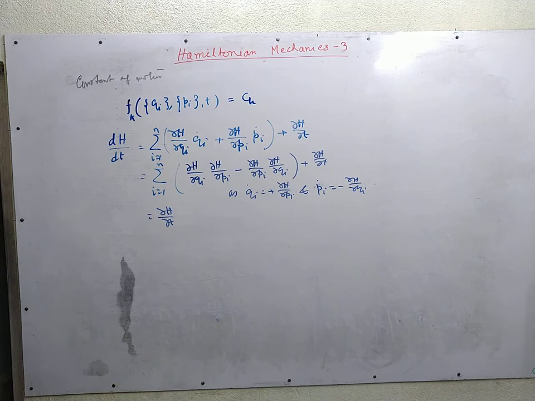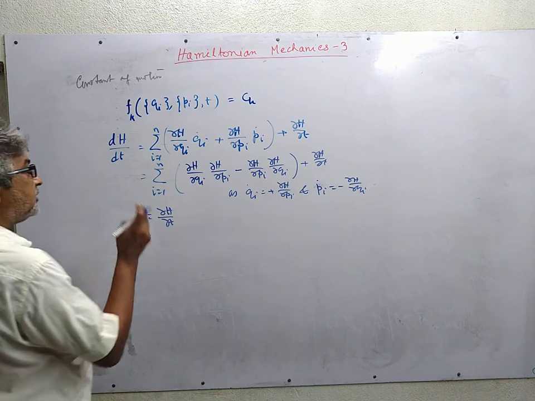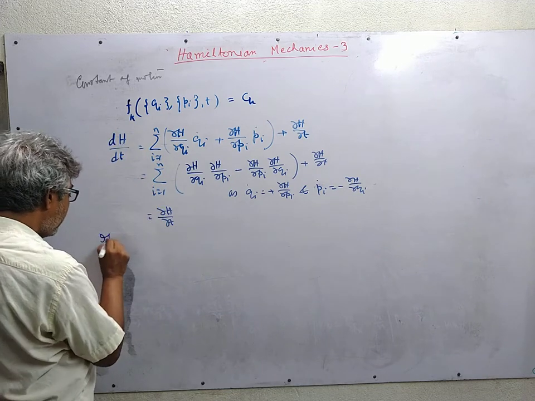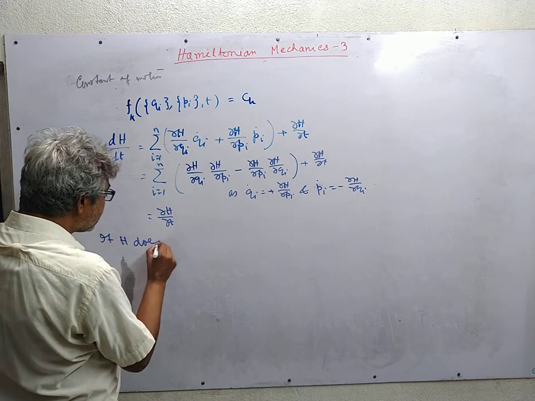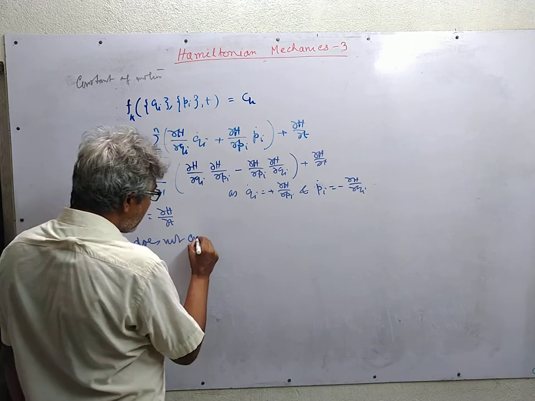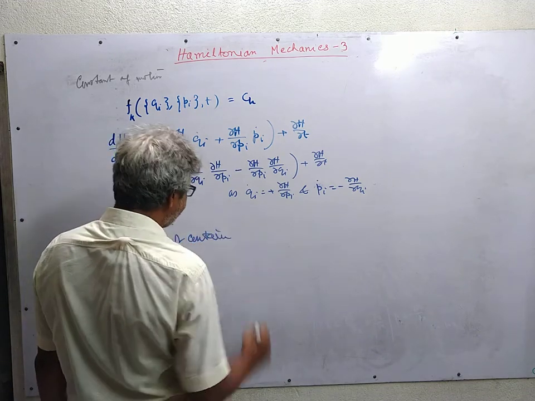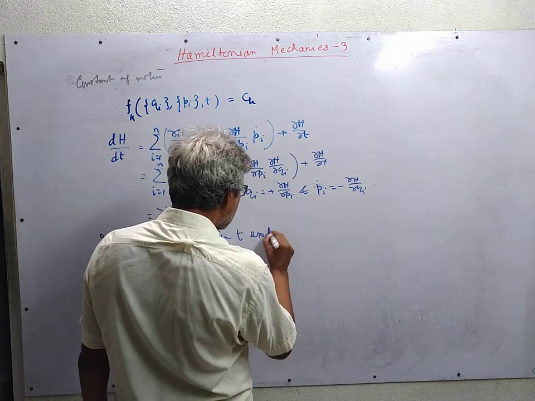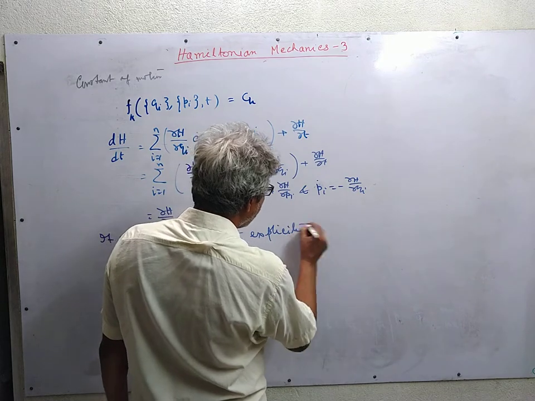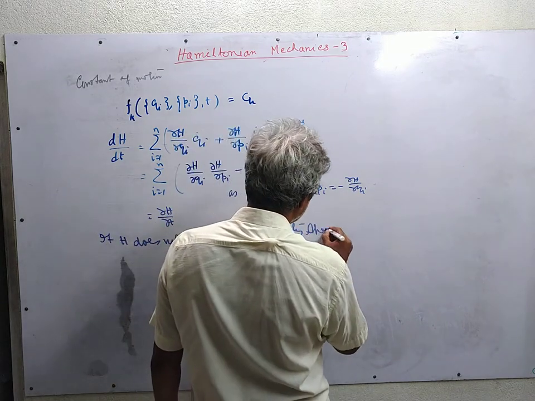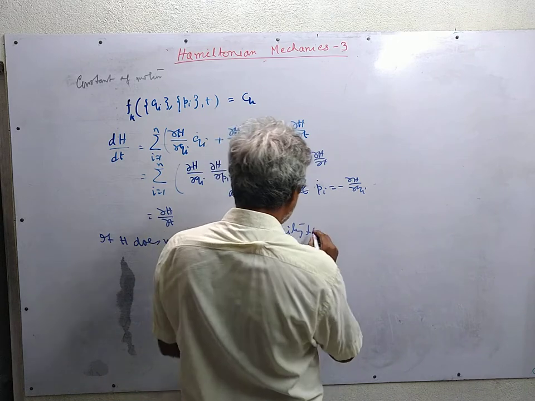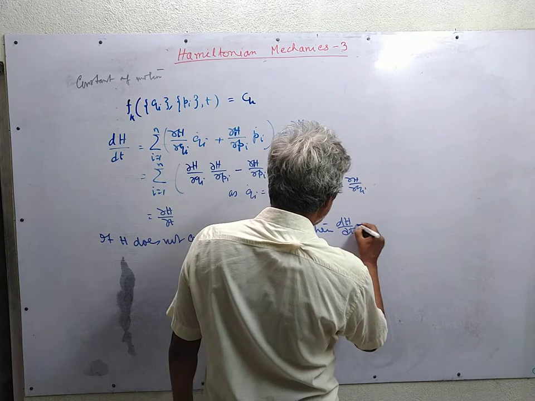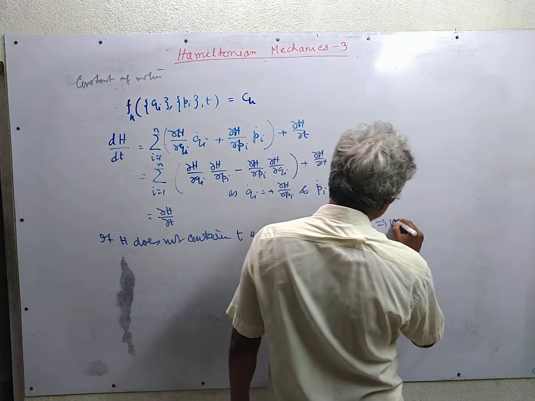Now, if the Hamiltonian does not contain time explicitly, then dH/dt is 0. So if H does not contain time explicitly, then dH/dt is equal to 0, that is, H is a constant of motion.